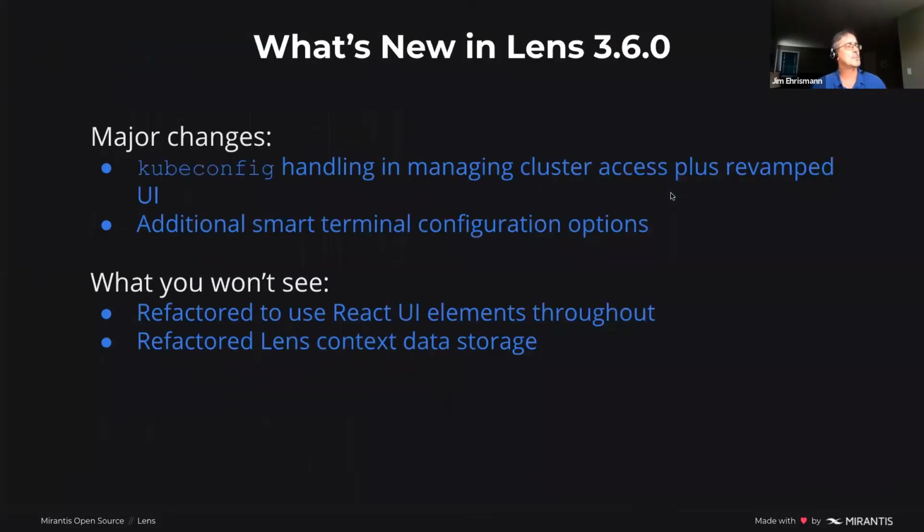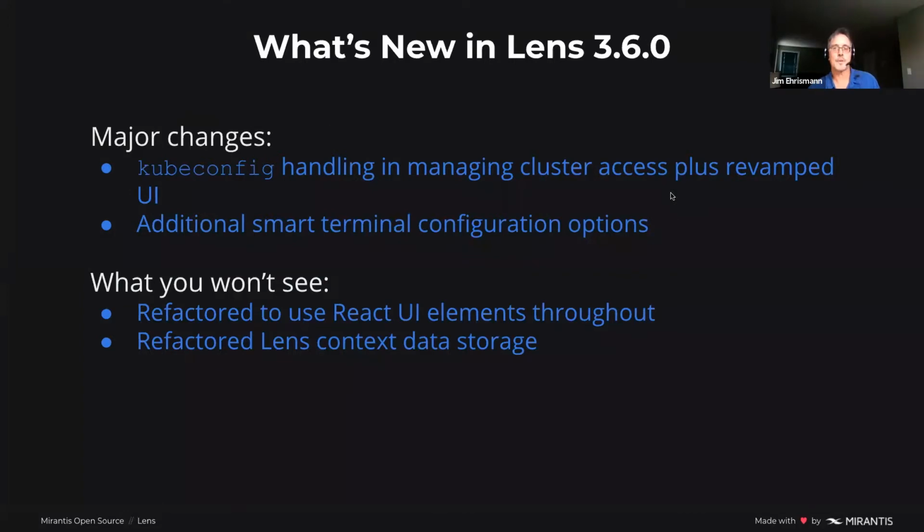So what's new? The major changes, we made some changes in how you manage cluster access. Whenever you add a cluster, you need to give Lens access to a kubeconfig. Previously, we were making, actually I'll talk about that after. And we revamped the UI that goes along with it. As well, there's a smart terminal.